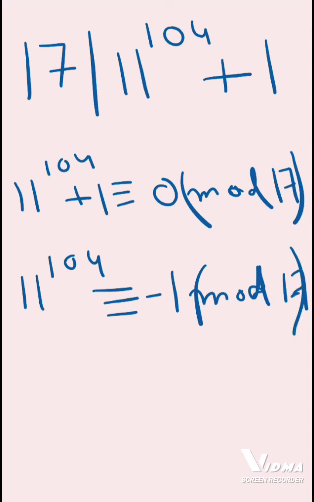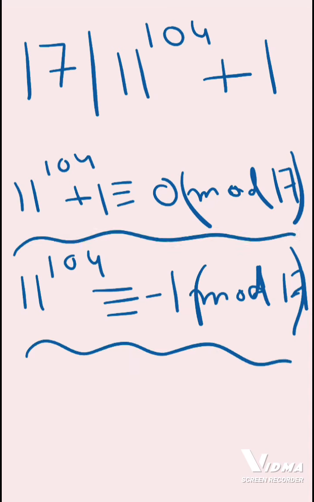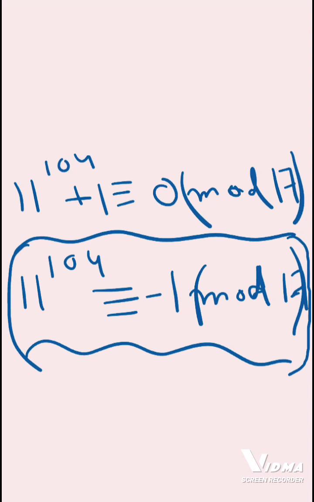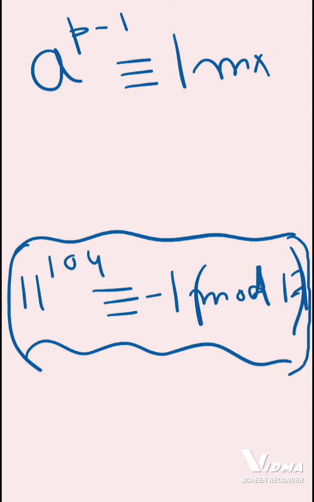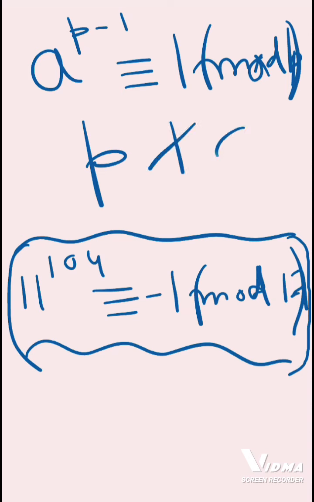This is what we require to prove, right? So let's see how we can prove it. Now focusing on this expression, we see when we compare it with the statement of Fermat's theorem that we saw in the starting of this video, that a raised to the power p minus 1 is congruent to 1 mod p when p is a prime that does not divide a, right?